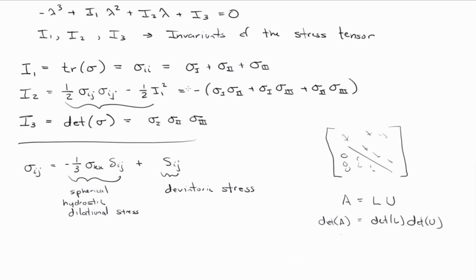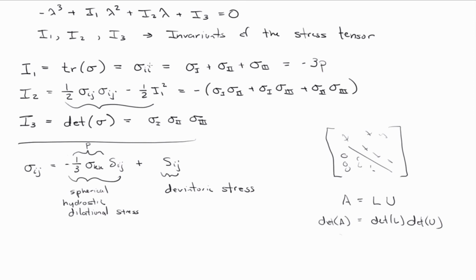By the way, sometimes we call the first invariant 3 times the pressure. And the reason for that is that sometimes we say that this thing is the pressure. Notice sigma kk is sigma ii. They're the same, right?